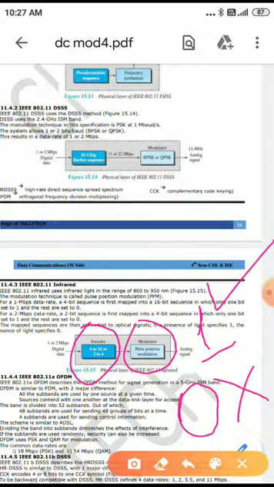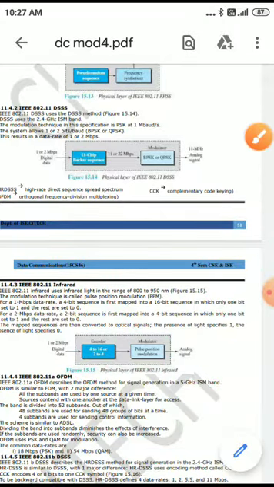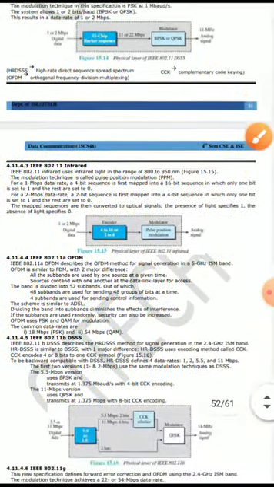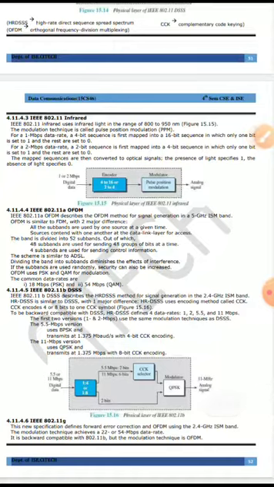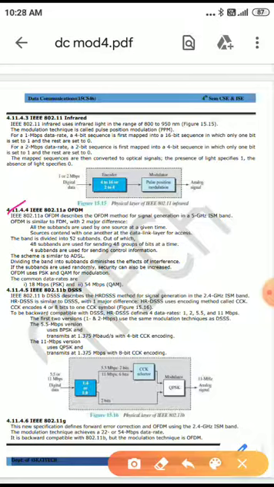That's it. That is IEEE 802.11 infrared. Next we are going to discuss the next type, IEEE 802.11a OFDM. What is meant by OFDM?